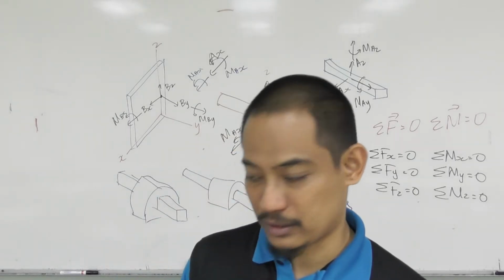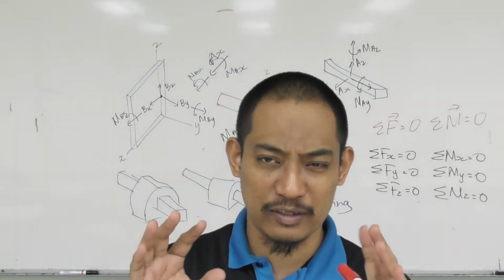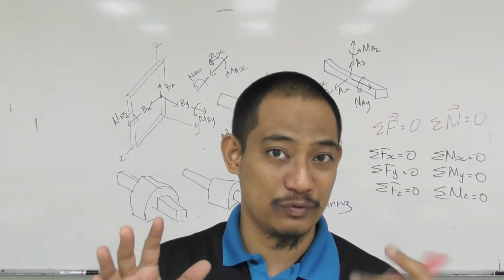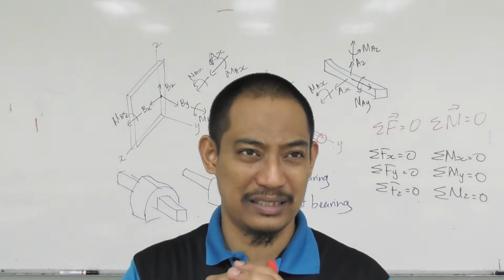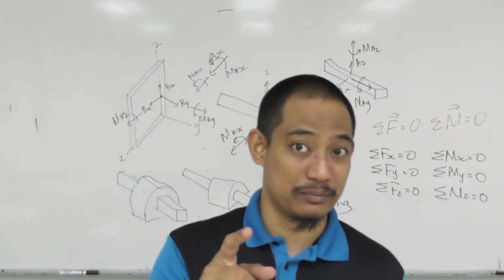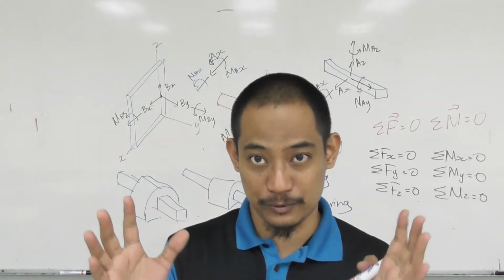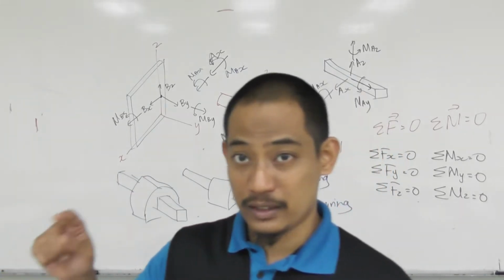So that's an example of improper constraint. Even though the number of unknowns is okay and within what we can solve, so it's not statically indeterminate, in reality that's not a proper constraint, because it will not constrain the structure to be static. So that's the concept of improper constraint.